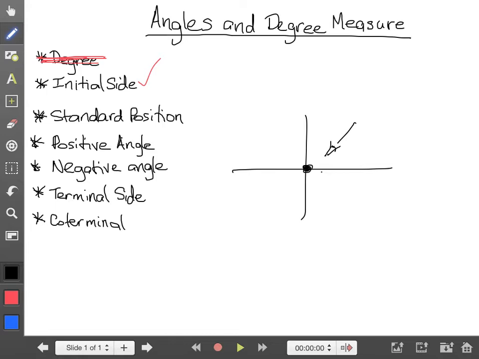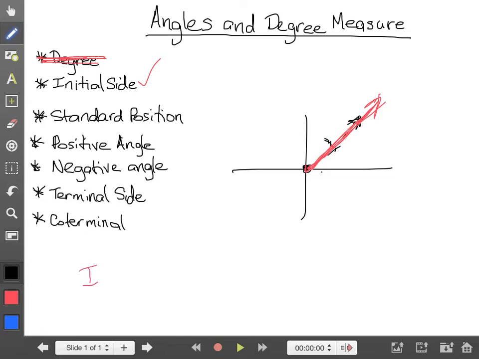So that's our little eye with our little eyelash. If we're initially looking in this direction, then our initial side is that line. So our initial side is the side at which the angle begins its rotation.